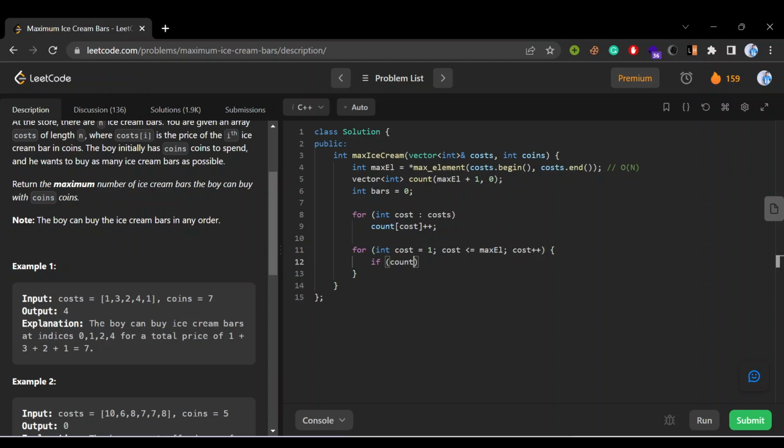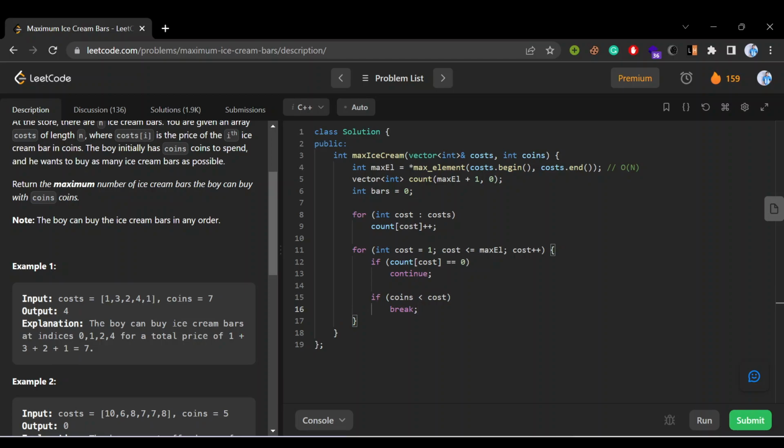If the count of cost is equal to 0, then there's no point of processing it because we don't have any ice cream there. So we will simply continue our loop with the next cost, that is 2, 3, 4 or anything, the i plus 1th cost. And the other case that is dangerous for us is if we have coins that are less than the cost value.